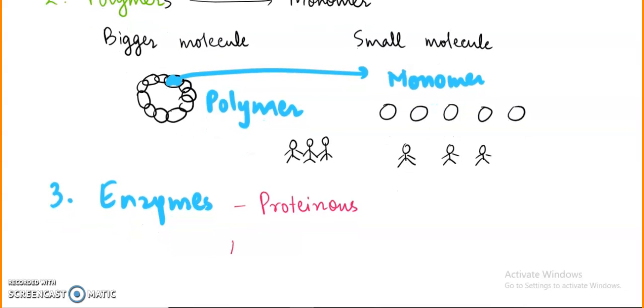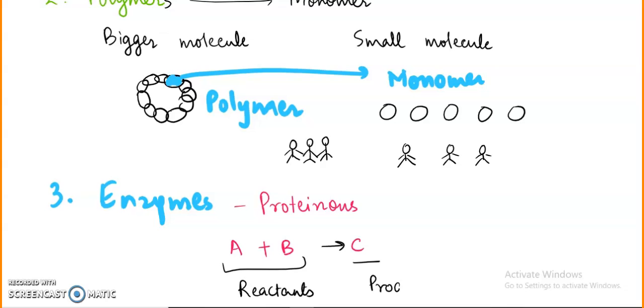Suppose a chemical reaction is there, A plus B equals C. Whenever you write any chemical reaction, reactants are always written on the left side and products on the right side. You can see that reactants A and B are mixed together to form a product called C. Now what if I add an enzyme in this reaction?